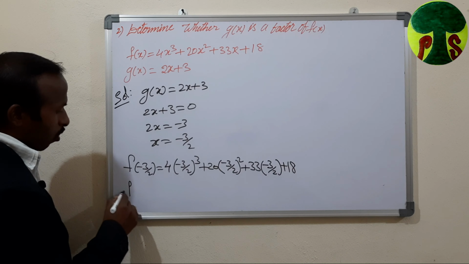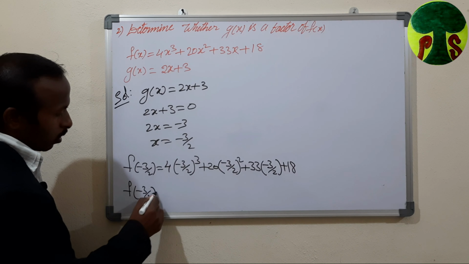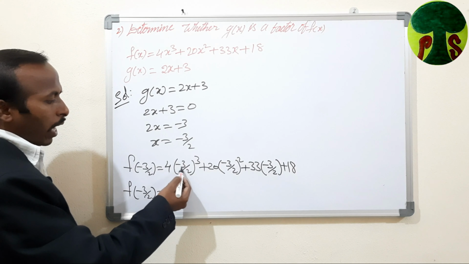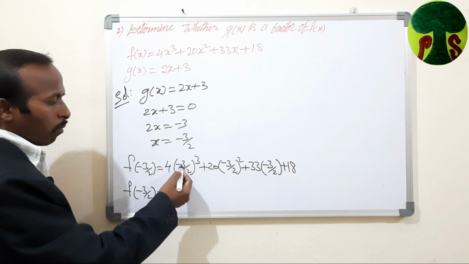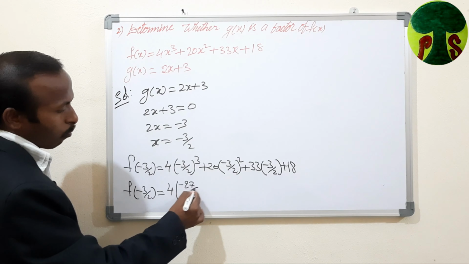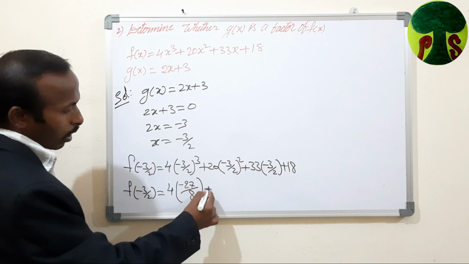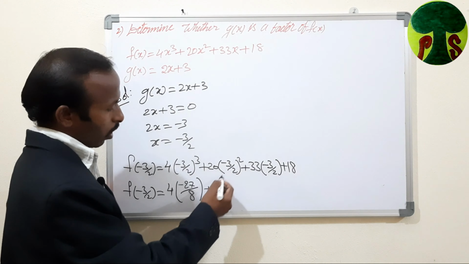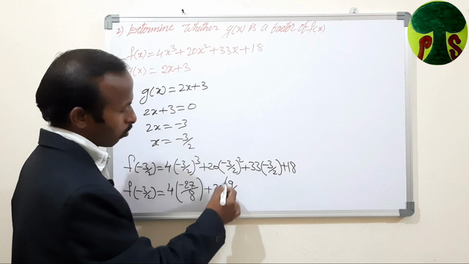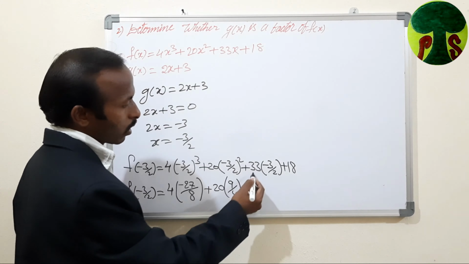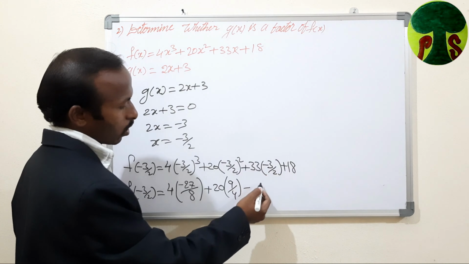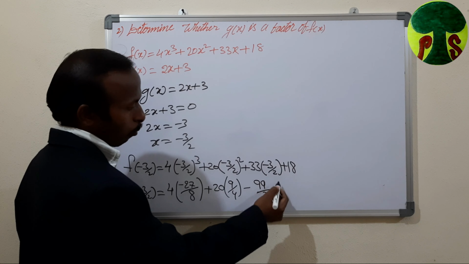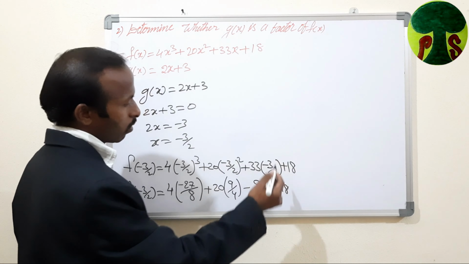Now f of minus 3 by 2 is equal to 4 into, here (minus 3 by 2) whole cube means minus 27 by 8, plus 20 into (minus 3 by 2) whole square, that is 9 by 4, minus 33 into 3, 3 3s are 9, 99 by 2 plus 18.